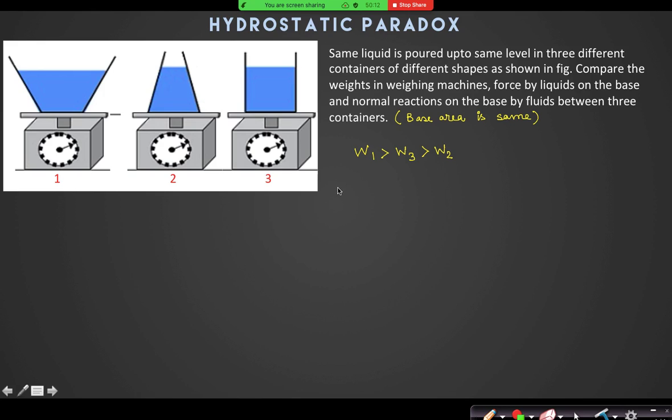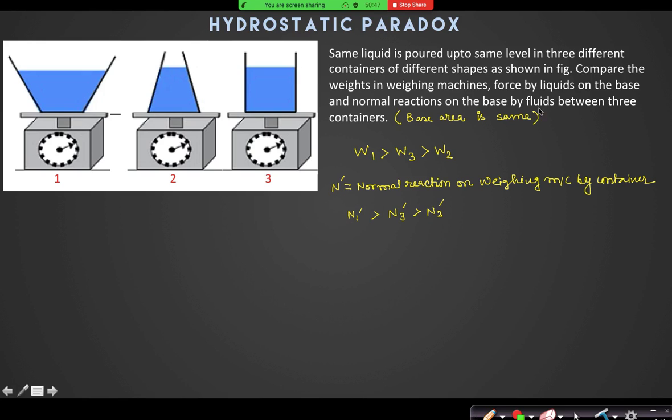If I say that N is the normal reaction on the weighing machine by the container, then N1 is greater than N3, which is greater than N2, because the weighing machine will only read the normal reactions.